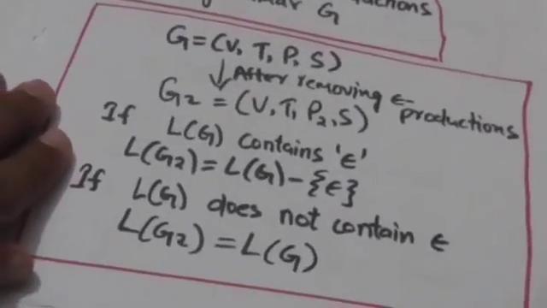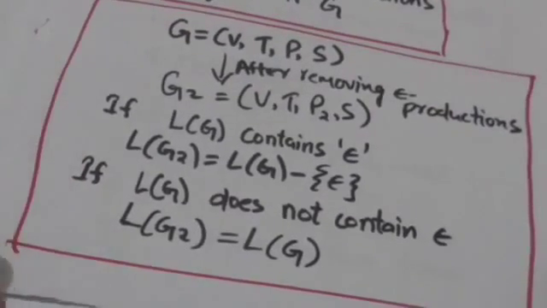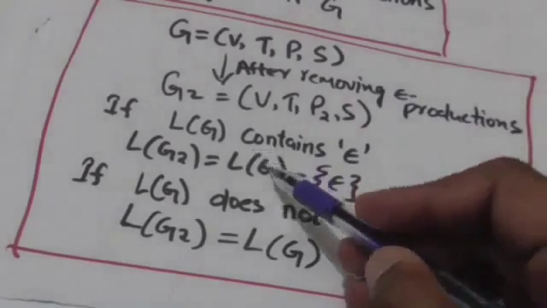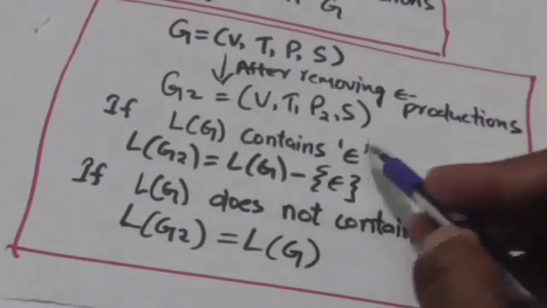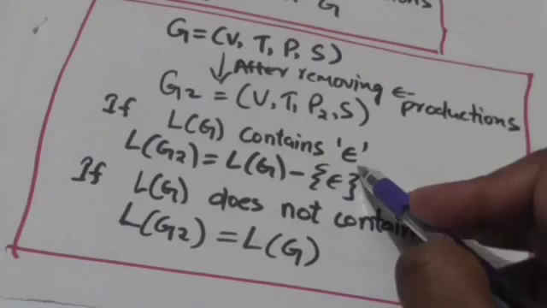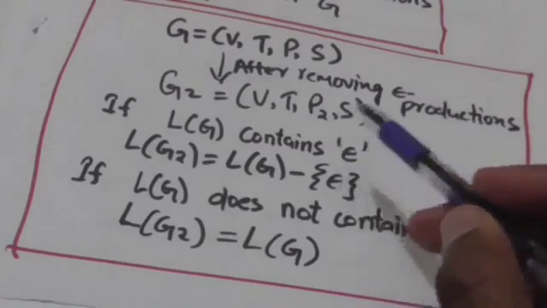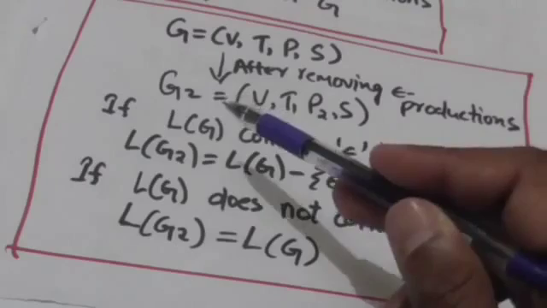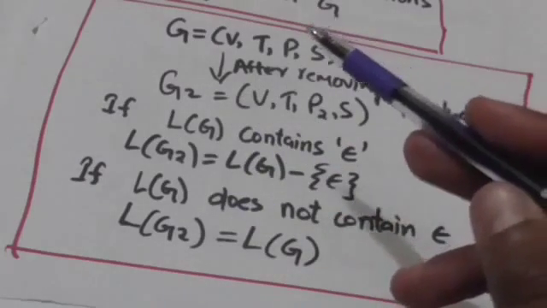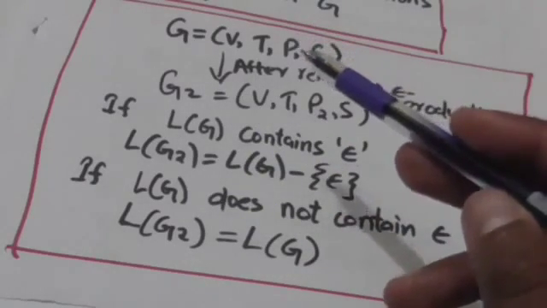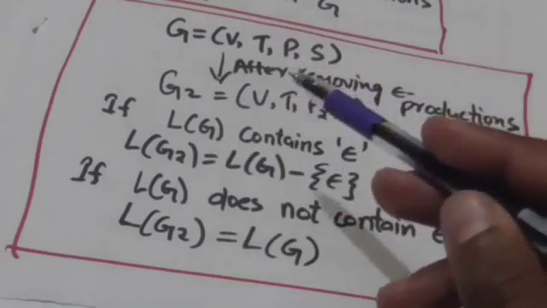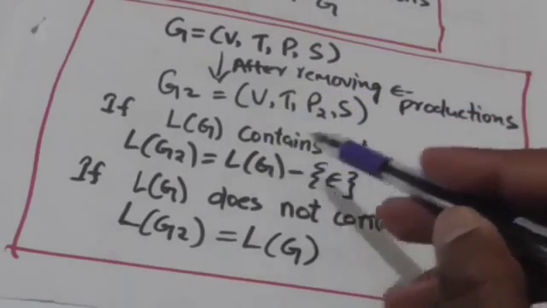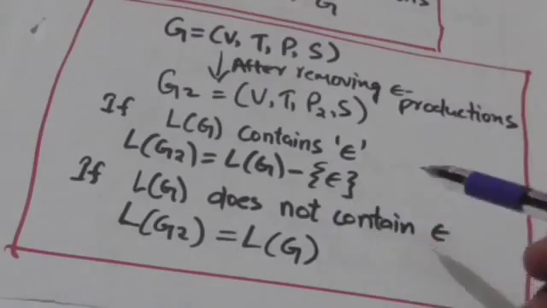If the language of grammar G contains the empty string, then the language of G2 will contain all strings of the language of G except the empty string.